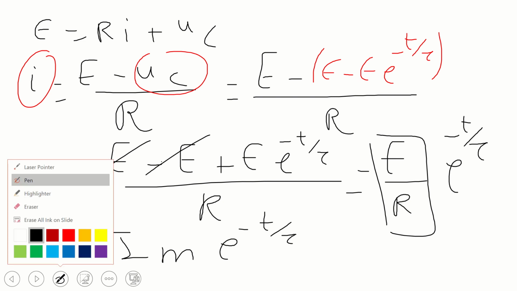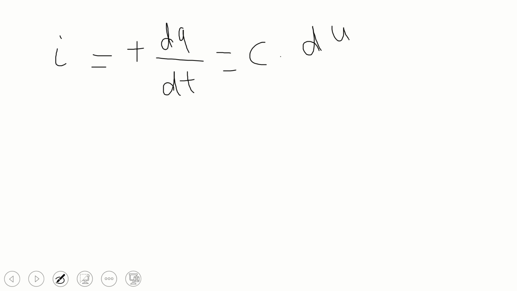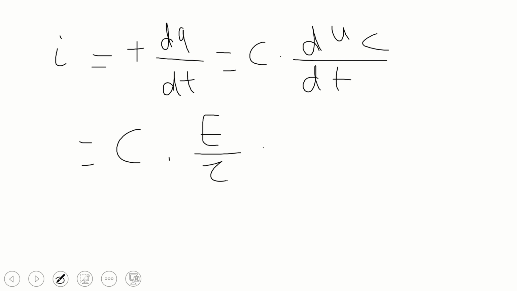Or we can find the expression of I by using the variation of Q as a function of time, or C dUC as a function of time. So it equals C times the derivative of UC, which we already verified is E over tau e^(-t/tau).